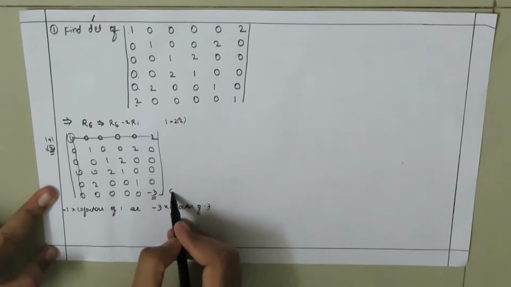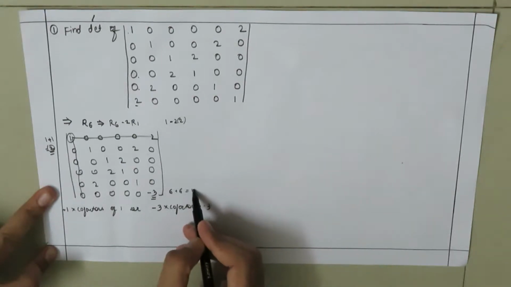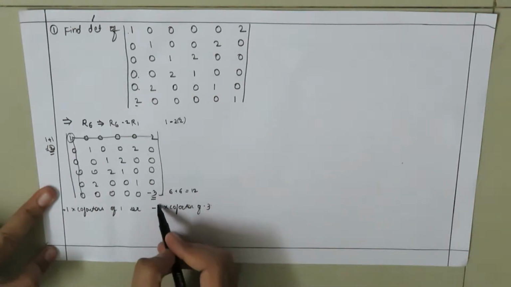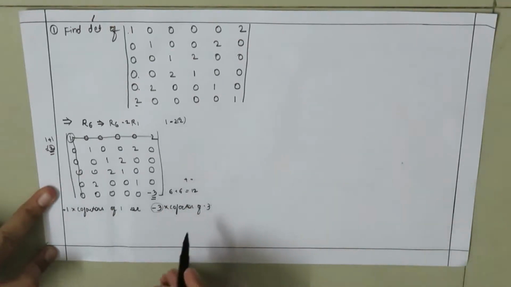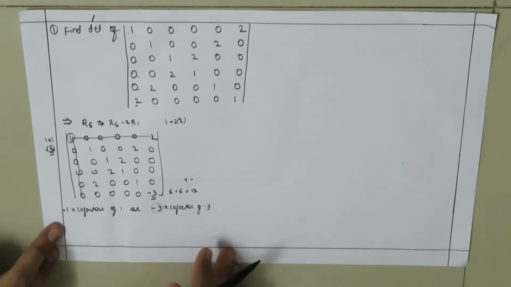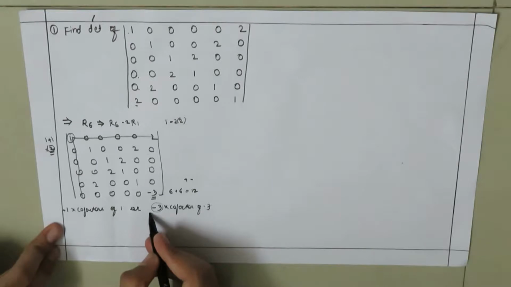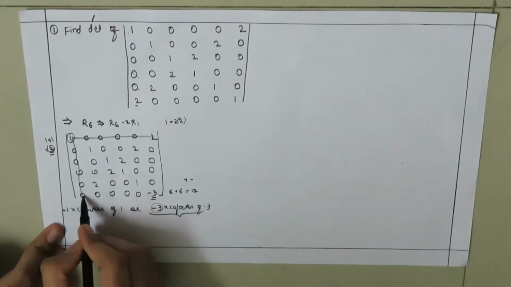This is our sixth row and sixth element, and the sum is even, so we multiply this element with a positive sign, and positive multiplied by negative is again negative, so it does not make any effect. So we are going to use this way to find the value of the determinant.